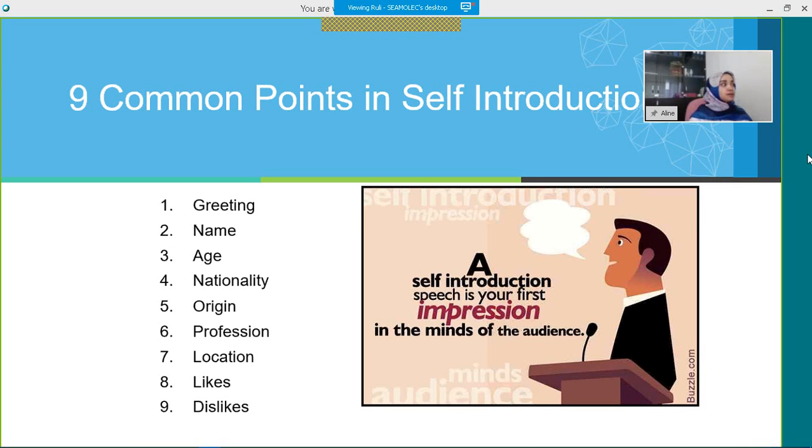These 9 basic or common points are not a must. You may pick whatever you think is sufficient, or you may also add other common points to your self-introduction. But usually when it comes to self-introduction, you don't talk about yourself that long before other people ask you questions. In summary, perhaps you can use these 9 common points by Alex.